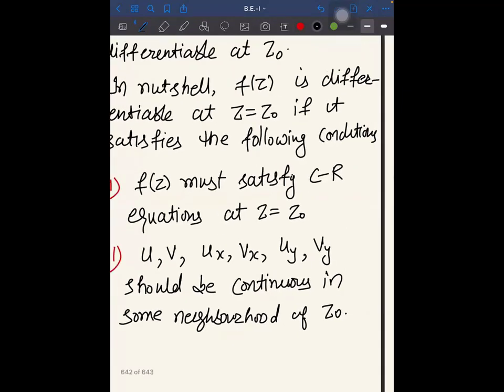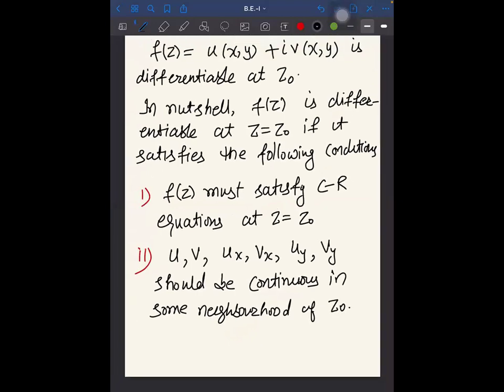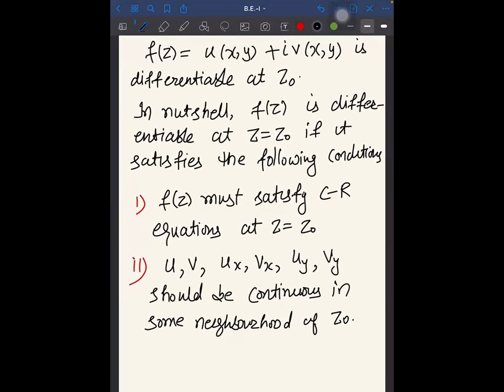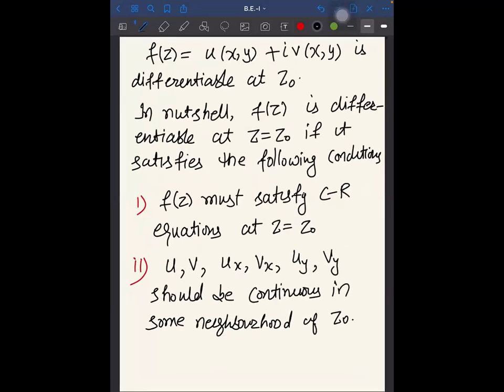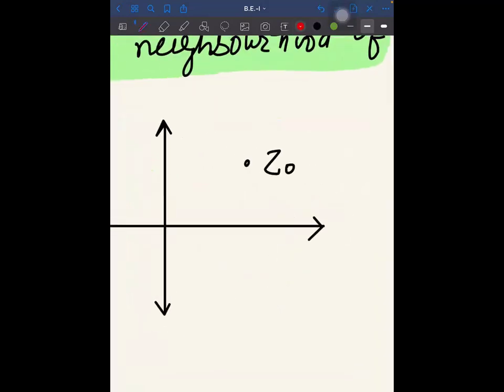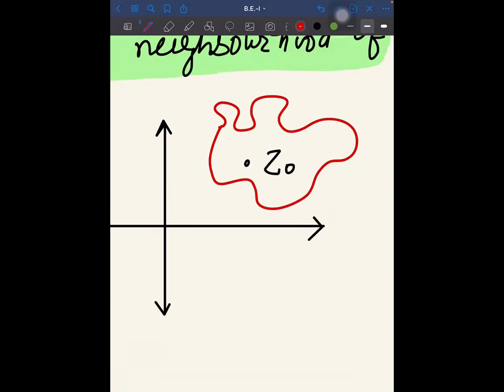If these two conditions are satisfied, we'll say that the function is differentiable at z equal to z naught. But if you pick any neighborhood of z naught, it may be small or bigger, circular or not circular, so this is your neighborhood of z naught, this red one.